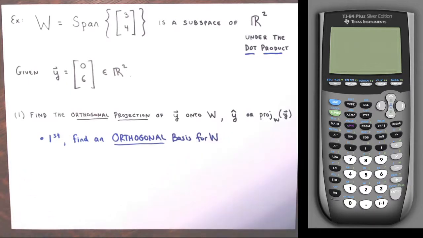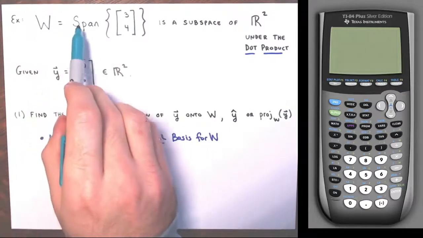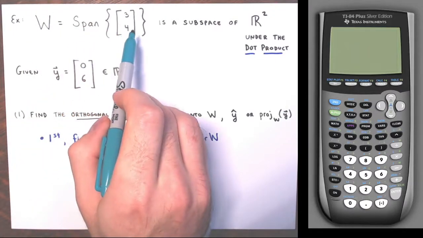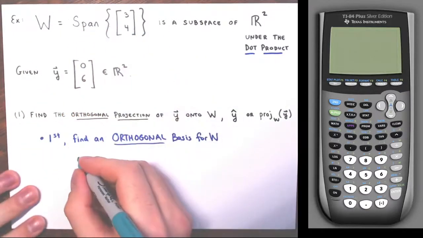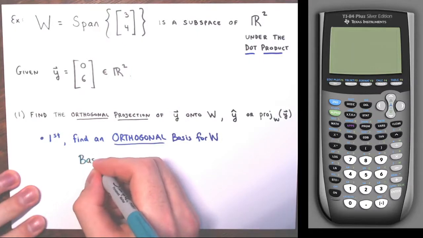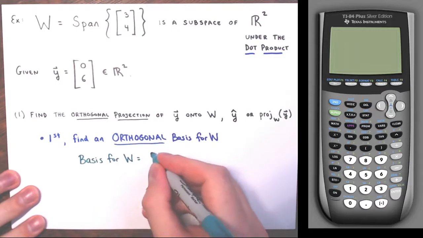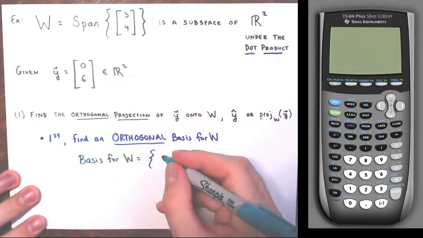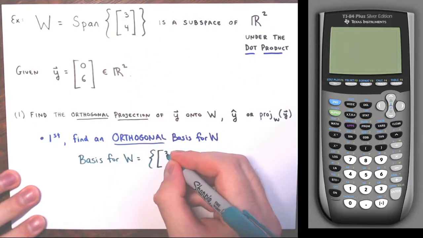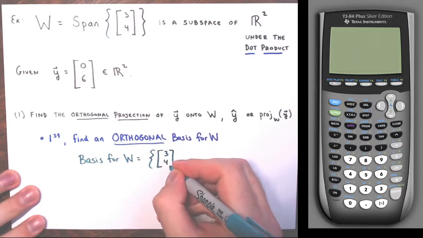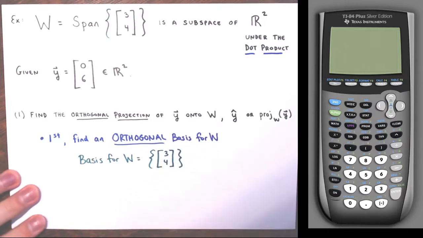So here's a basis for W. It's pretty obvious the way I've written it. W is the span of just this set with a single vector. So a basis for W that I can very easily see right now is the set with the vector 3, 4. It obviously spans W, and it's a single vector, so definitely independent.